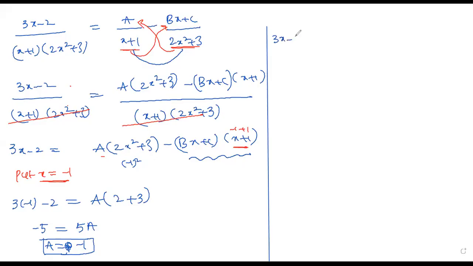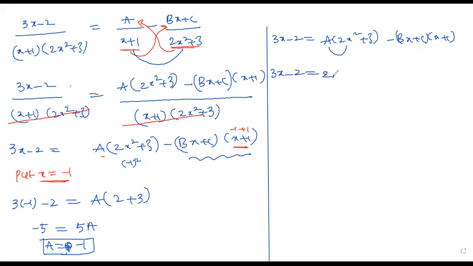Again, 3x minus 2 is equal to a of (2x square plus 3) minus (bx plus c) of (x plus 1). Here to find the b and c values, we have to compare the coefficients. No other option. Before writing the coefficients, I am multiplying.